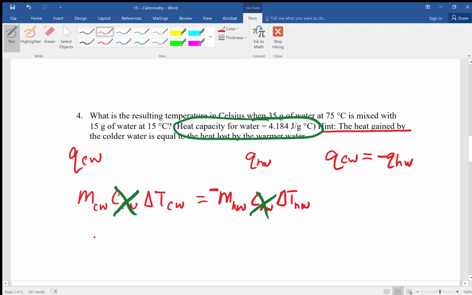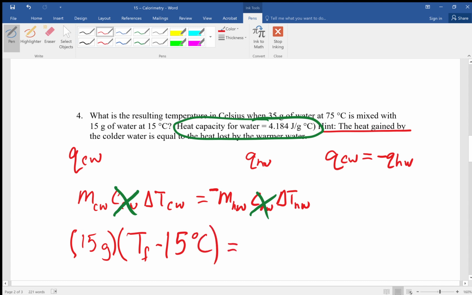So now we can say the mass of the cold water, which is 15 grams, times delta T of the cold water. So the final temperature of the cold water we don't know. What's the initial temperature of the cold water? That's what's given in the question as 15 degrees Celsius.